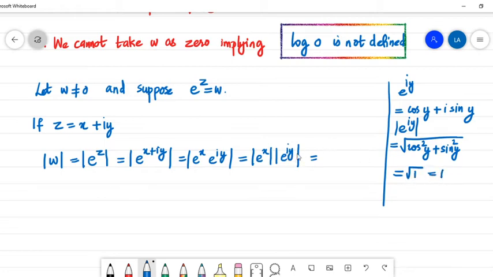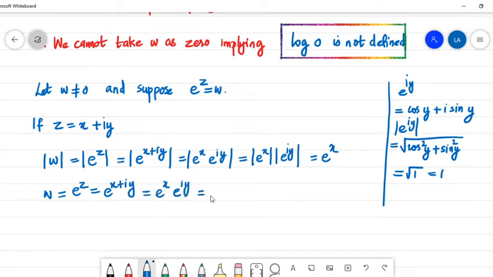So instead of modulus of e raised to iy, I can give it as 1, and modulus of e raised to x is nothing but e raised to x, because x is a real number. So what did we just get? We got that modulus of w is equal to e raised to x. E raised to x is nothing but e raised to the real part of z. Now, w is equal to e raised to z, that is equal to e raised to x plus iy, which is equal to e raised to x into e raised to iy.